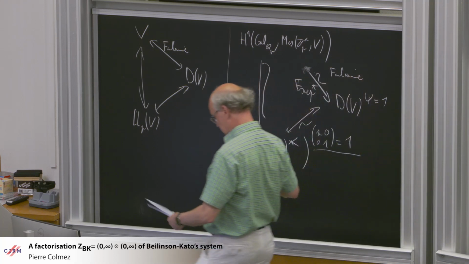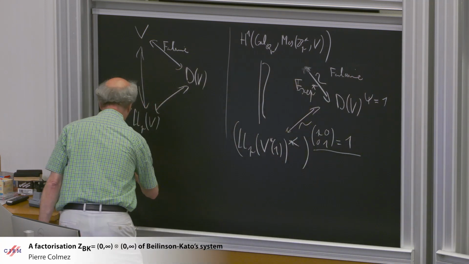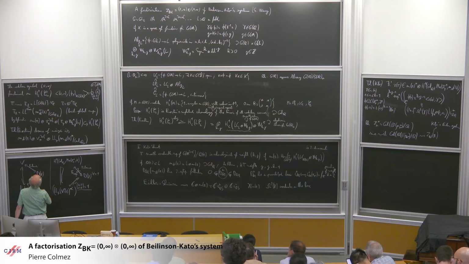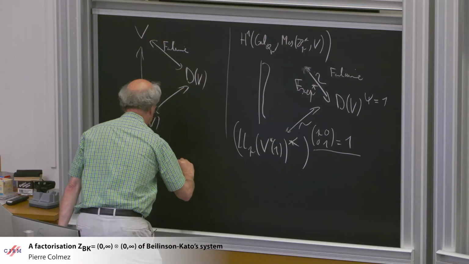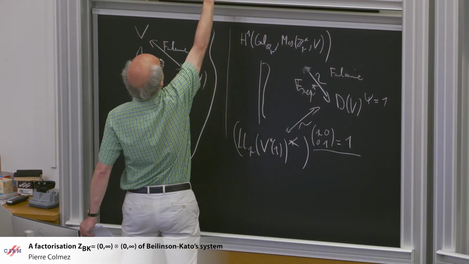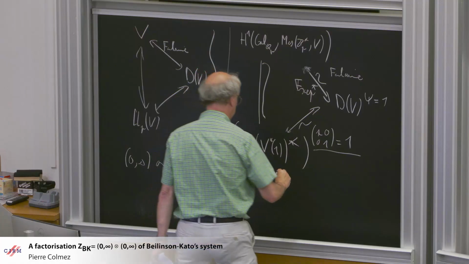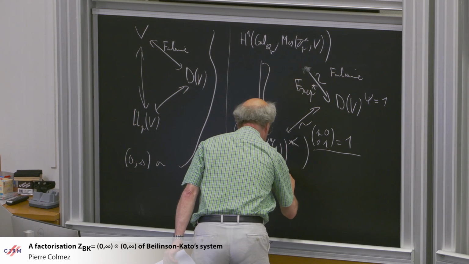So when you evaluate zero infinity on the space over here, on this space here, it is fixed by P001.